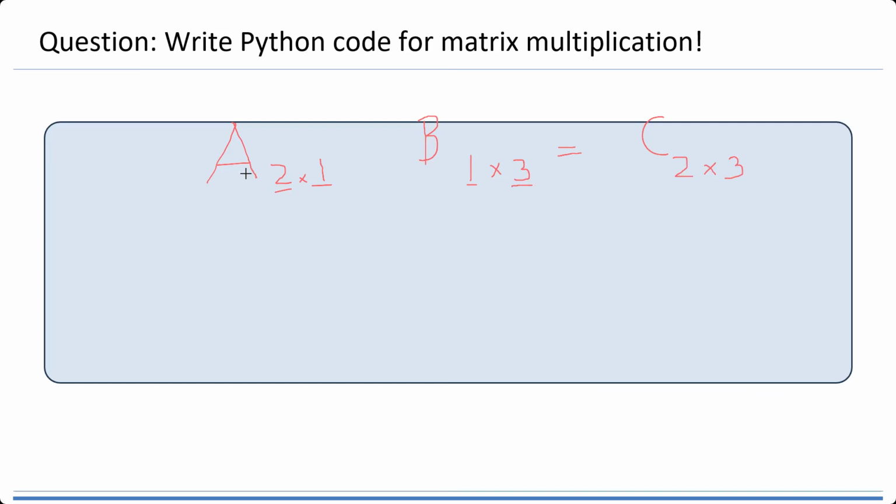So let's say A has 2 rows and 1 column, for example 2 and 1. Matrix B is 1 row and 3 columns, for example 1, 2, and 3. Okay. Then the matrix C will be 2 rows and 3 columns.